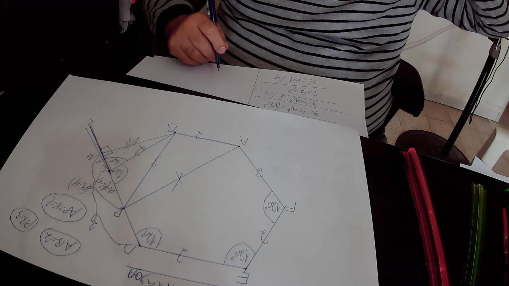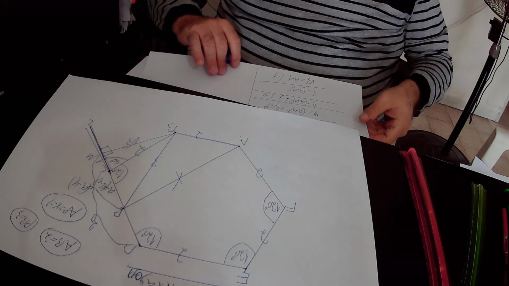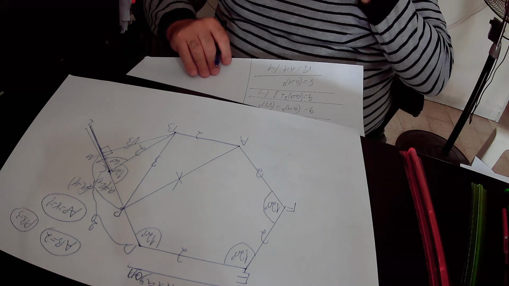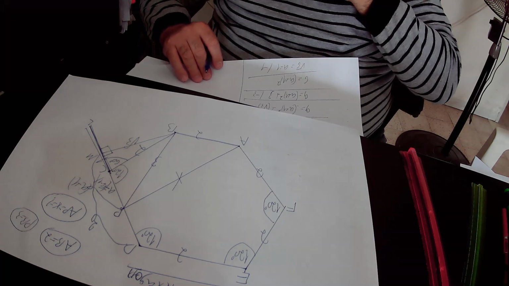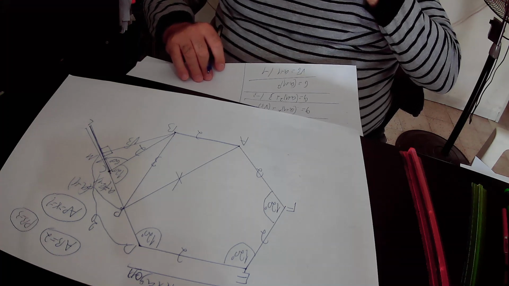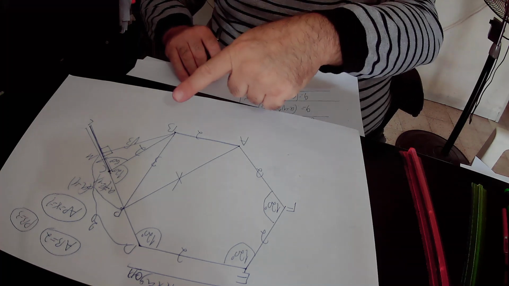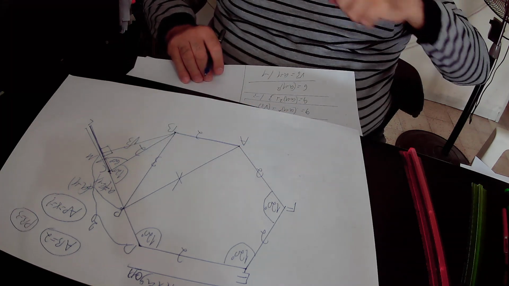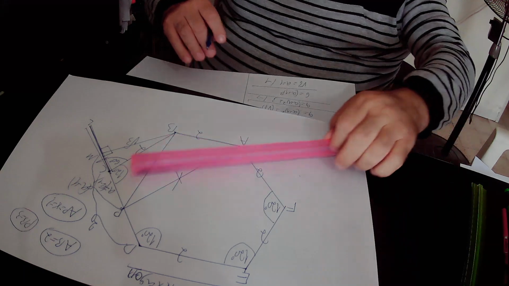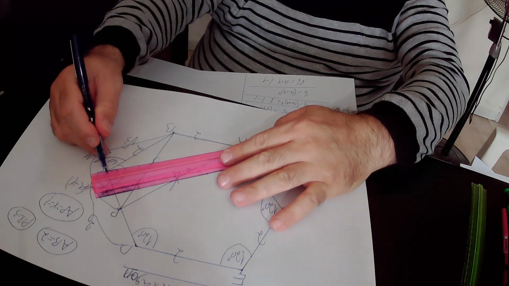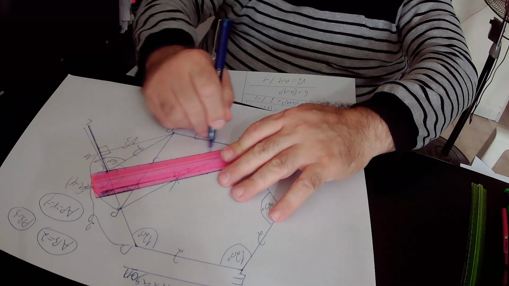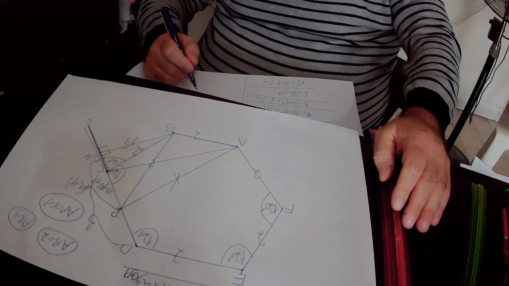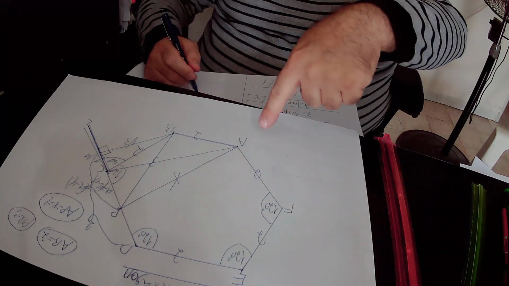Okay, so in the next step, we will join points A and B together, points A and C together by a straight line. By joining points A and C, we create triangle ABC.